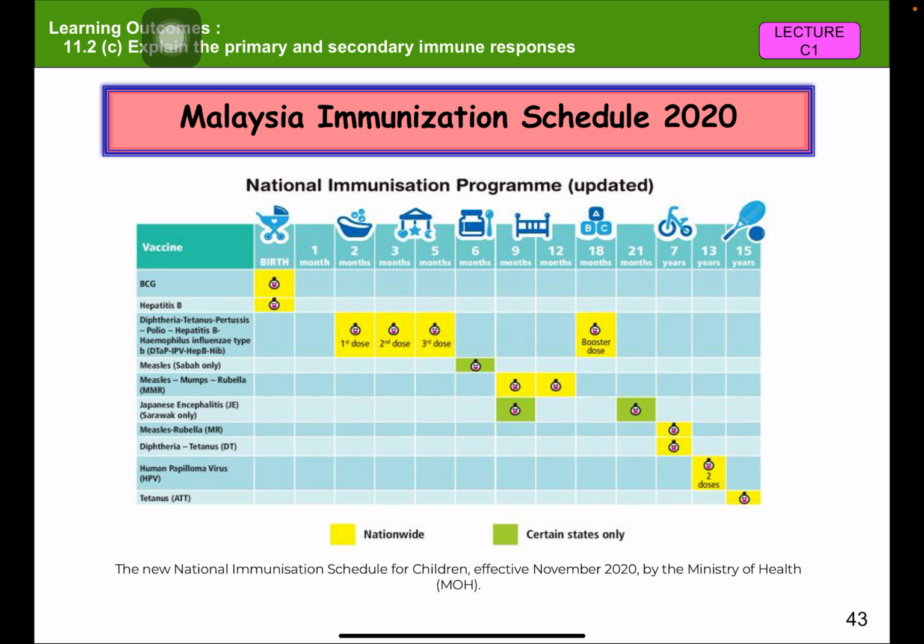You can see here, from birth there will be BCG and hepatitis B, which is really important.